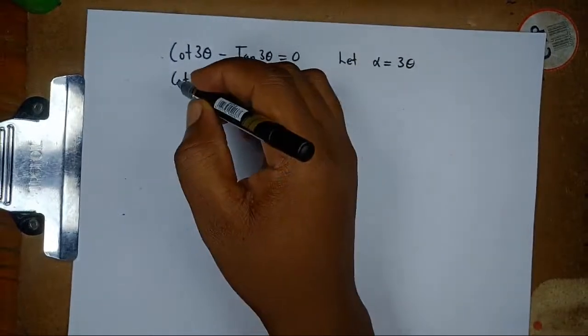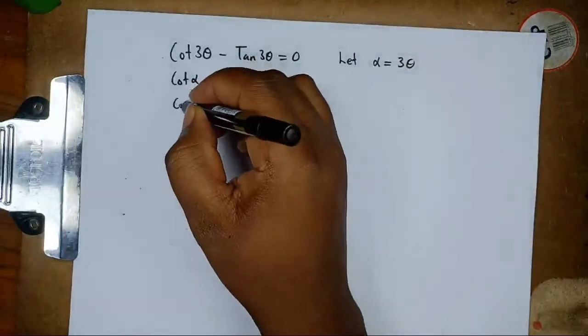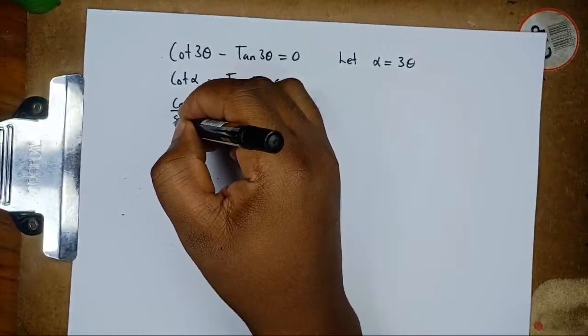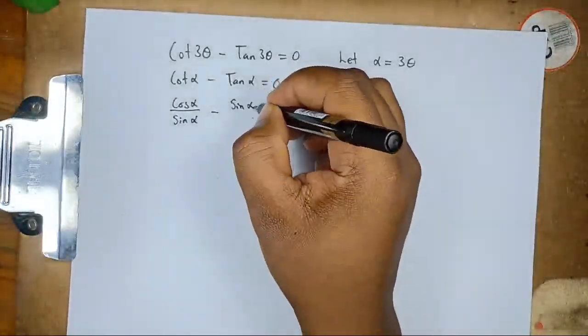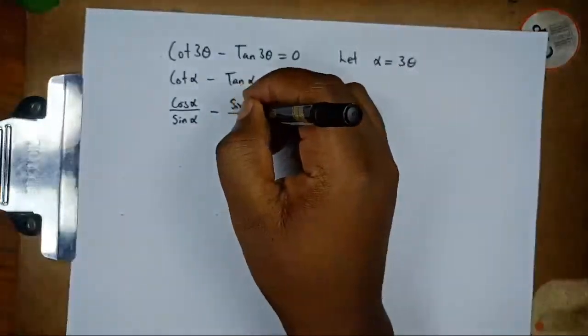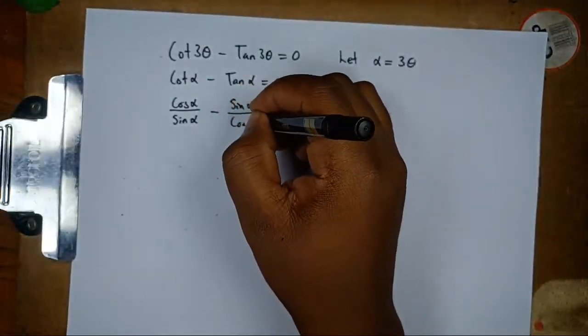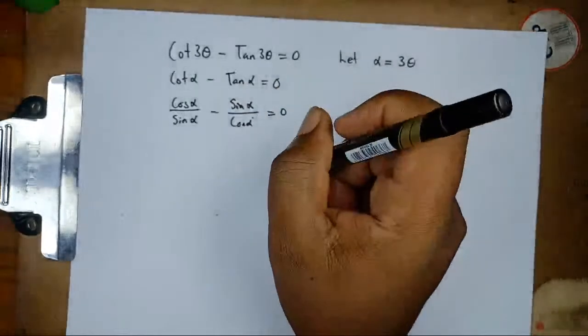Now let's bring in the identities. Cot is the same as cos alpha over sine alpha, minus tan, which is the same as sine alpha over cos alpha. All this is equal to 0.